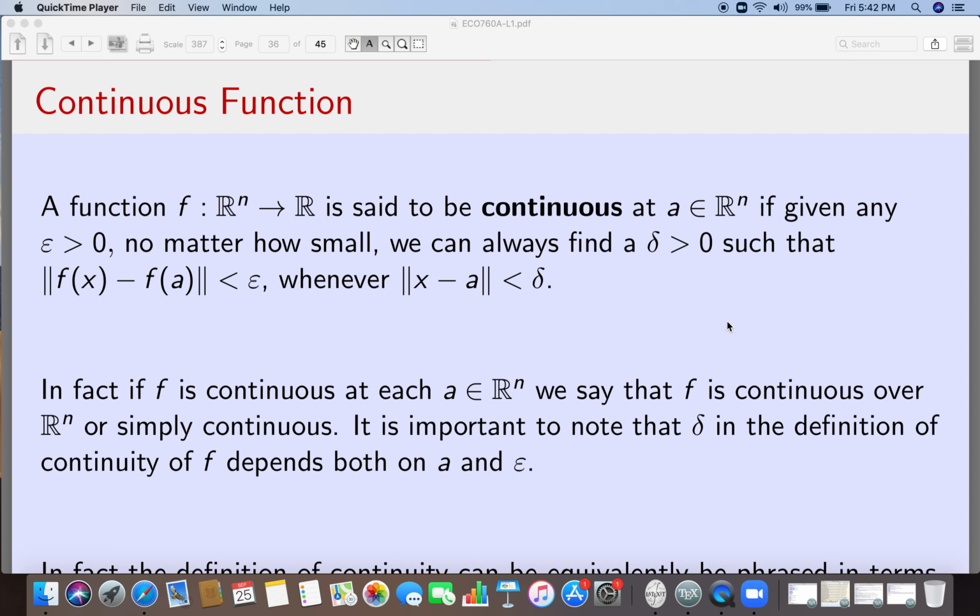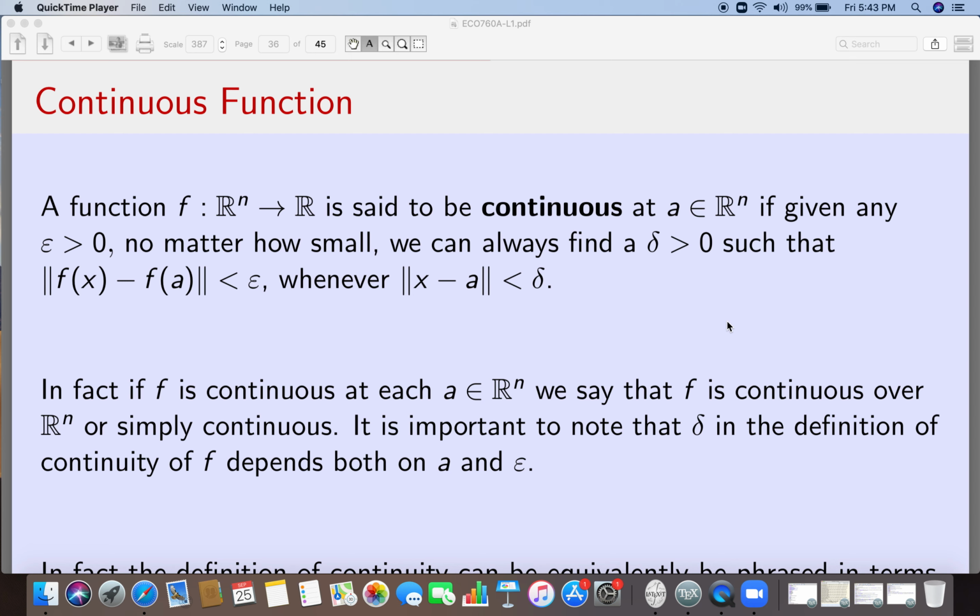When you put it in the epsilon delta definition, it says: give me an epsilon, no matter how small, I can always find a delta which depends on the choice of epsilon, such that the norm of f(x) minus f(a) is less than epsilon whenever the norm of x minus a is less than delta. This is the meaning of continuity at a point A.